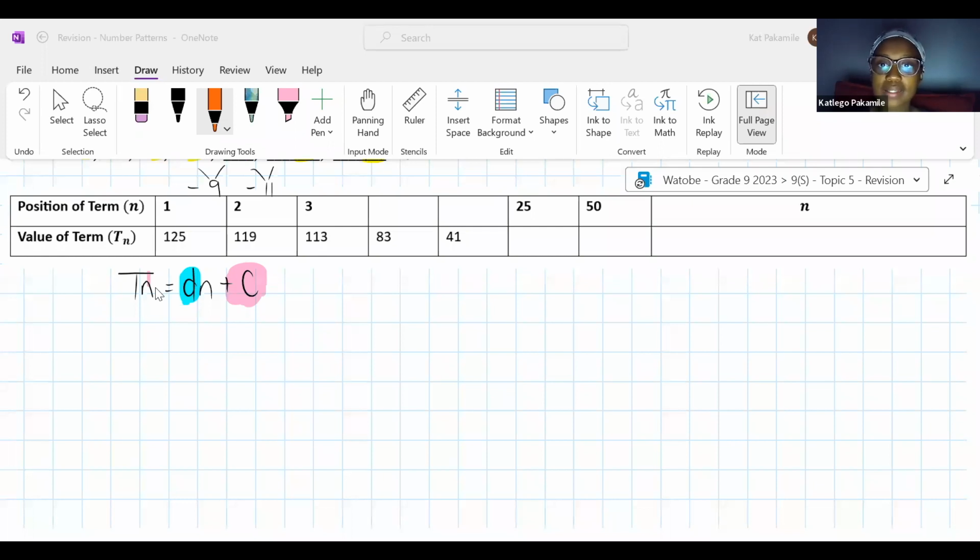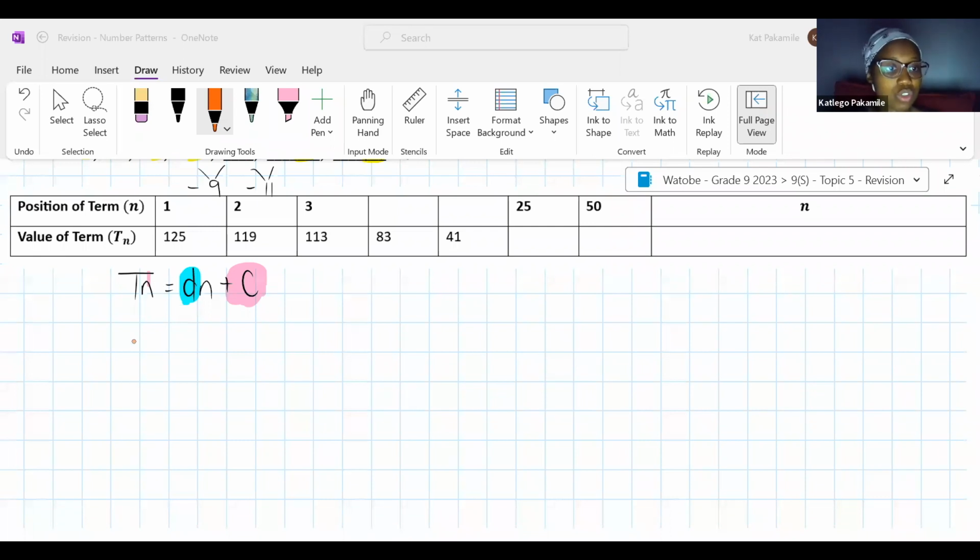Come on, guys, there's 61 of you in here. I see you. Thank you, Narisha. It's T2 minus T1. Mamela said, subtract the second value minus the first one.